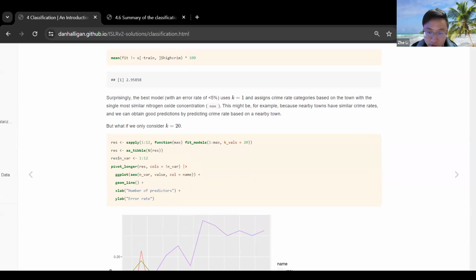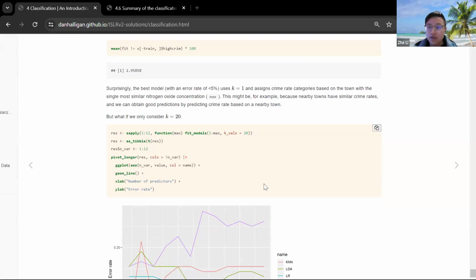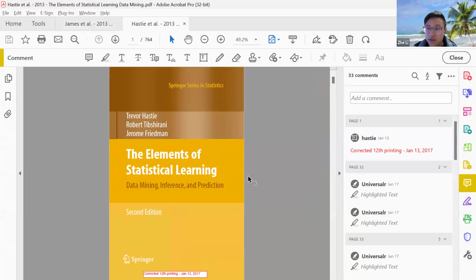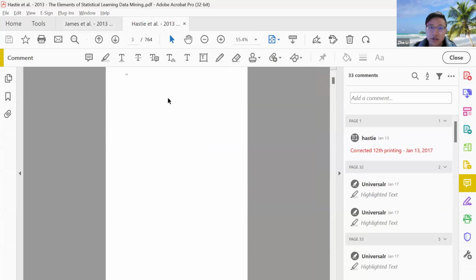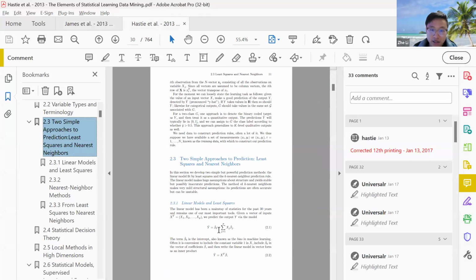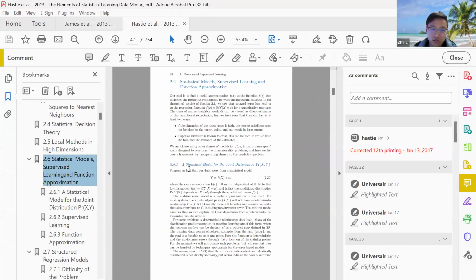And the other thing that I want to add is that I don't know if you know the other book from the same author. It's called The Elements of Statistical Learning. It dives a lot deeper than the introduction book, and explains a lot about the underlying mathematical logic behind it.